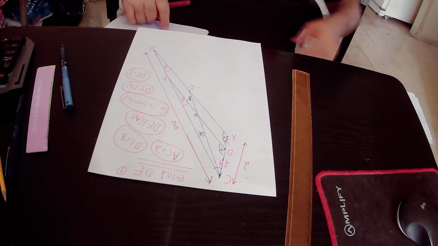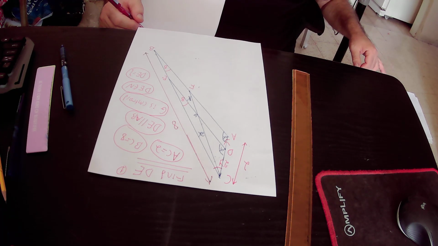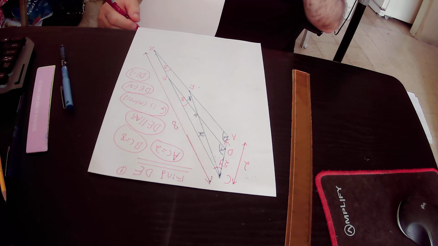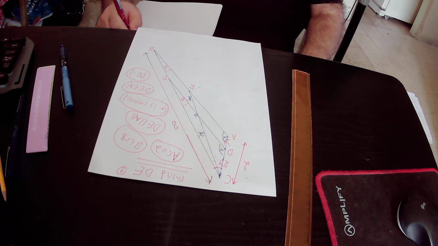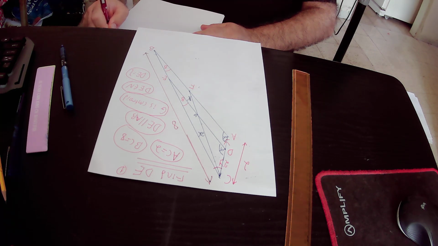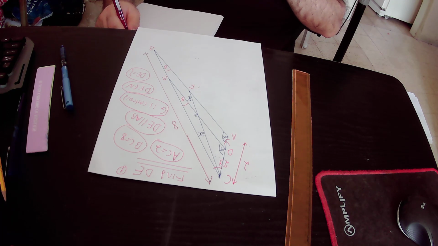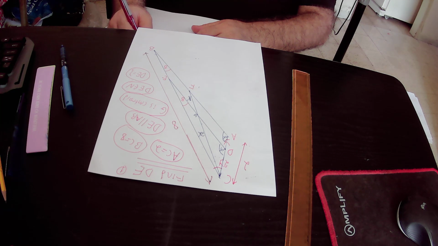So in our triangle ABC, according to the rule that I stated, the size of AB is smaller than AC plus CB, and AB is bigger than AC minus CB, or the absolute value of AC minus CB.